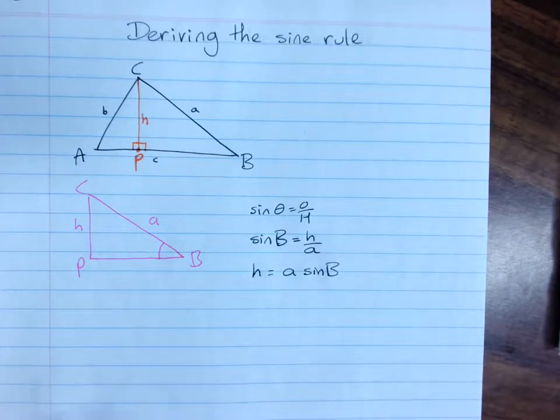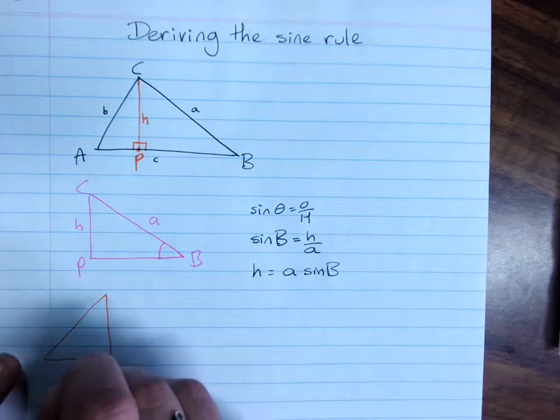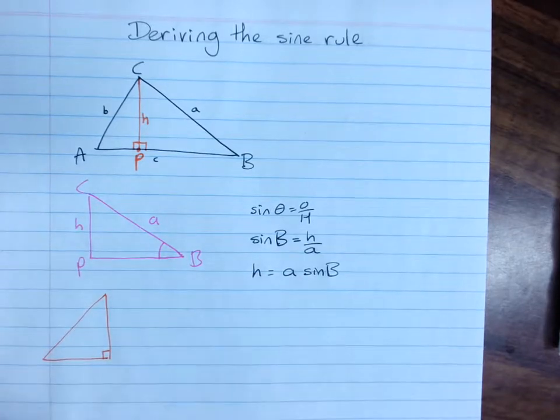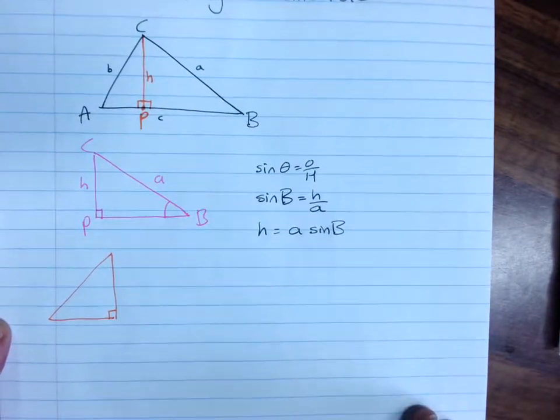If I then go to the other triangle, triangle ACP, you don't actually need to draw these. I didn't put in a right angle. I'm just drawing them so it's clearer what we're doing.